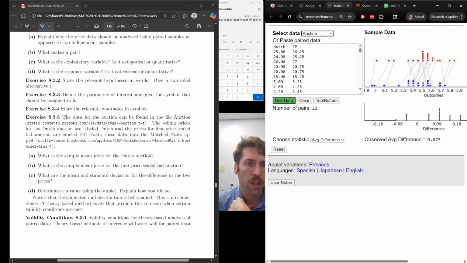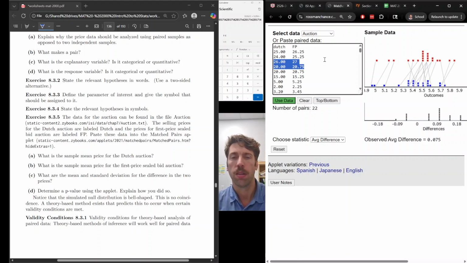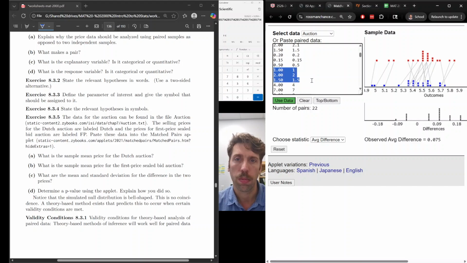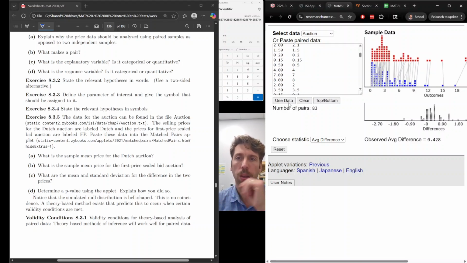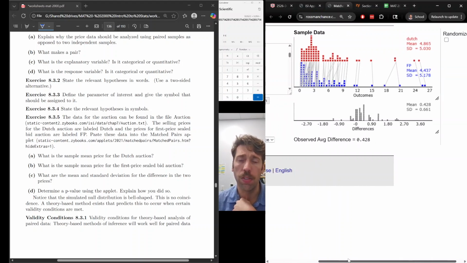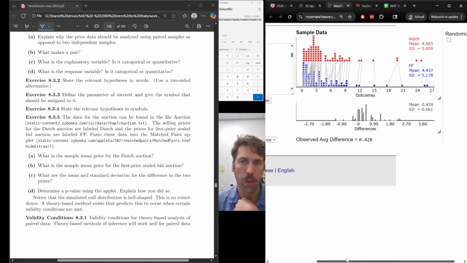All right. Now, what is the sample mean price for the Dutch auction? I'm going to delete a couple of these so that my answers are different from yours. Okay, use data. So now I've deleted some things, so my data is different from yours.